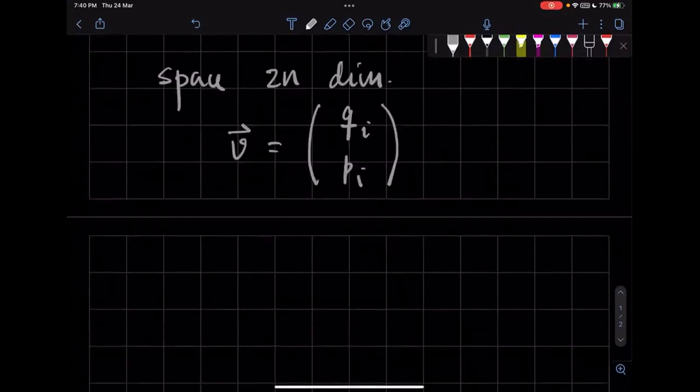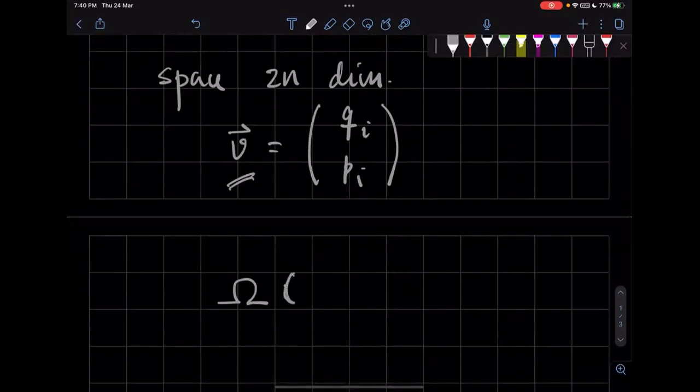And the geometry of the phase space is defined by a two-form, omega. The two-form is a map that takes two of these points on phase space and spits out a number.